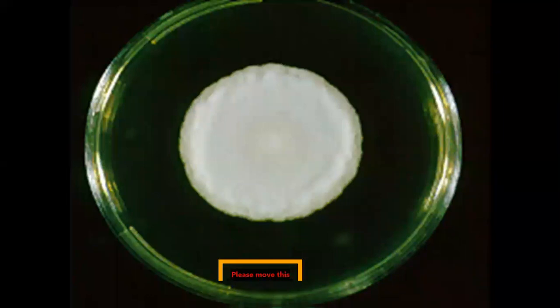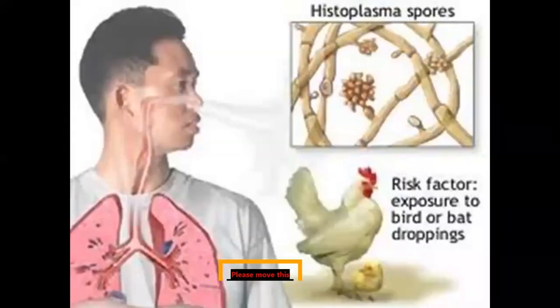This is a culture of histoplasma on Sabouraud's agar. Histoplasma again is a respiratory tract infection. It causes infection in the lungs, and you are going to inhale spores from the environment, and you are going to have an infection in the lung.